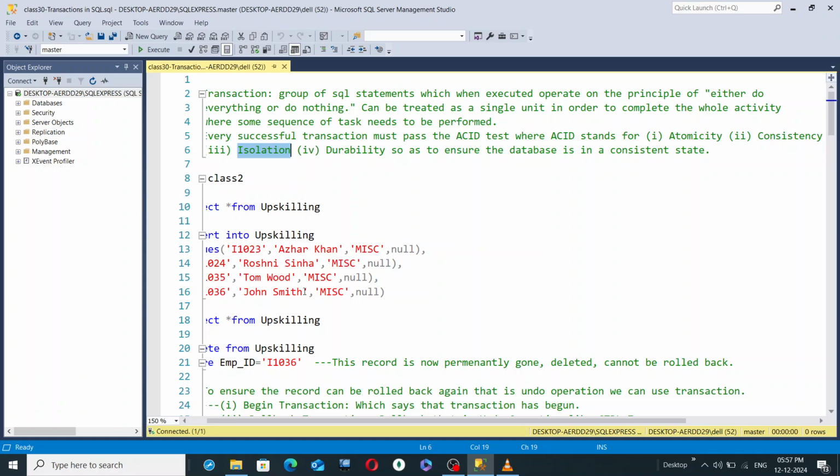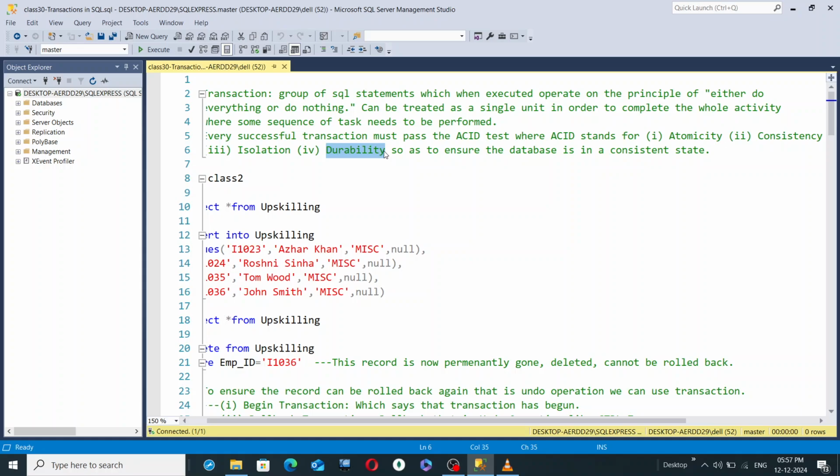Okay, and the last one is durability. The durability step, or durability transaction, basically ensures that once a transaction is committed, then that data will be stored in non-volatile memory, or in some storage, in order to ensure that the data does not get lost.